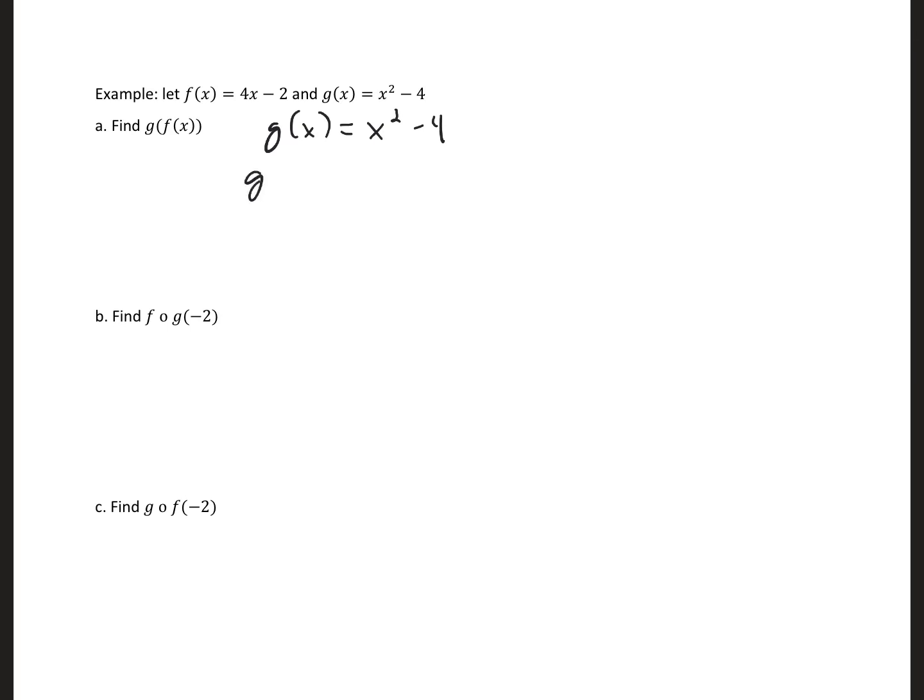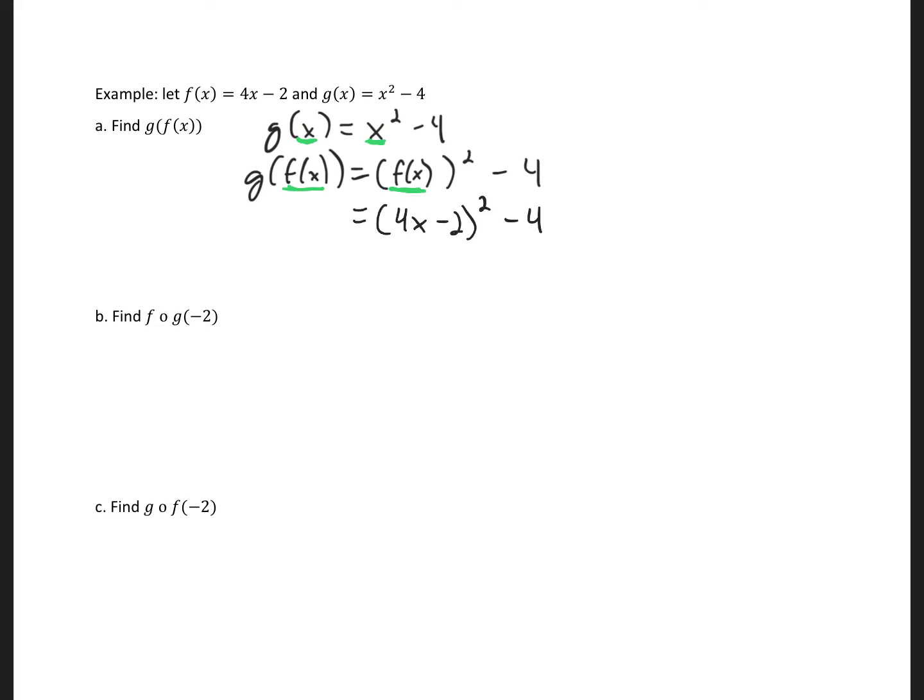So if we want to find g of f of x, then I need to replace the x in the original g of x function with f of x. So now you can see where there was an x, there's now an f of x. And we know f of x is 4x minus 2. So this is just 4x minus 2 squared minus 4.